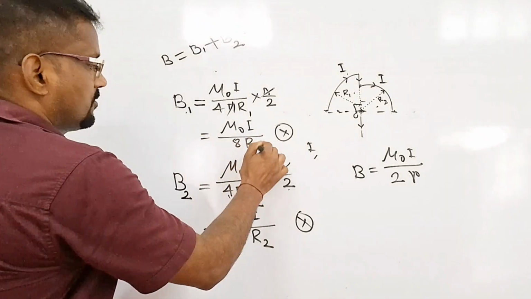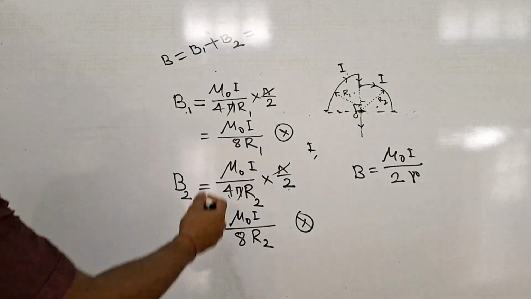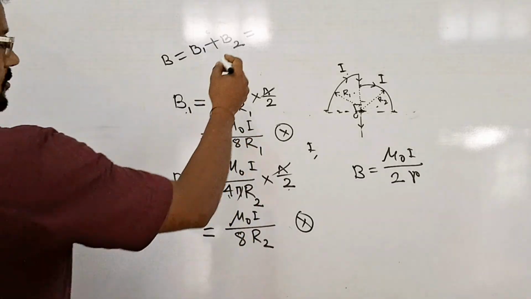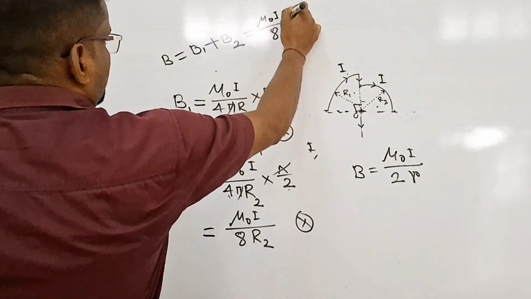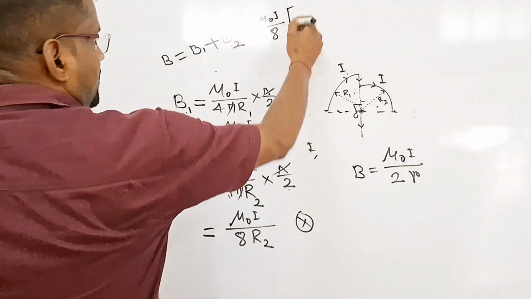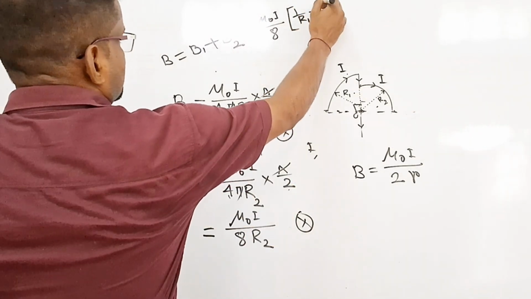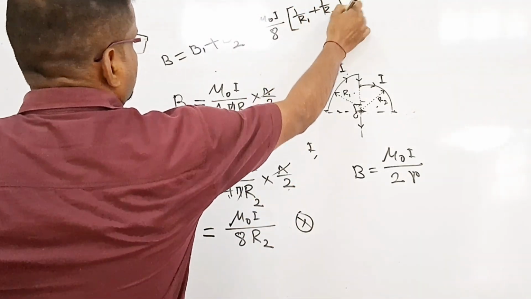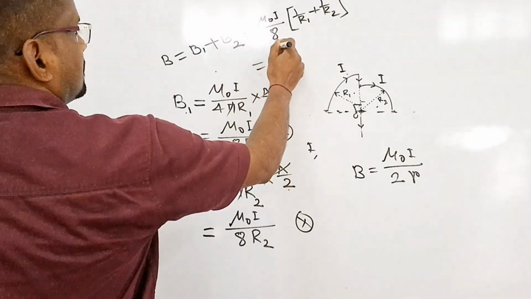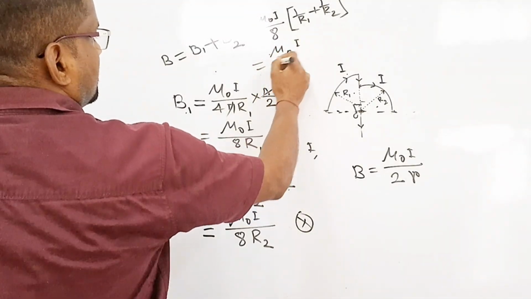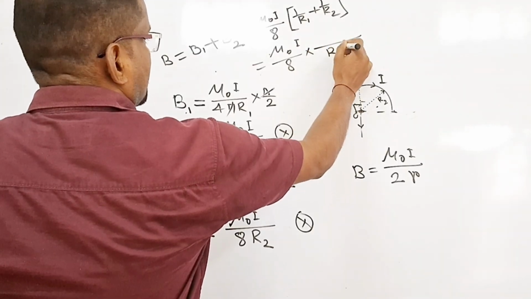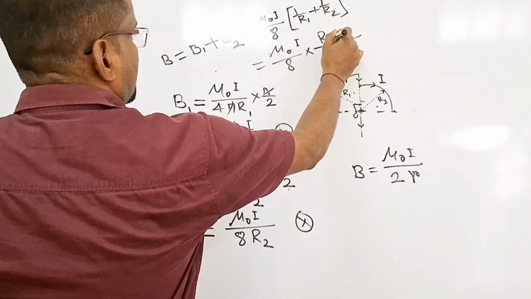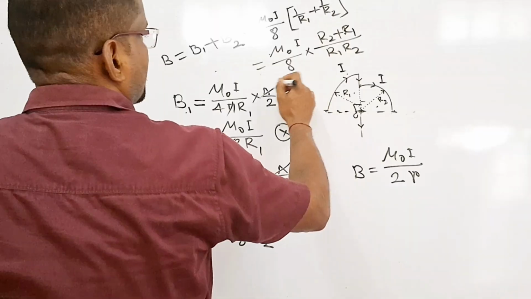Mu naught I by 8 is common, so mu naught I by 8 times, within brackets, 1 by R1 plus 1 by R2, equals mu naught I by 8 into, if you take the LCM R1 R2, then R2 plus R1.